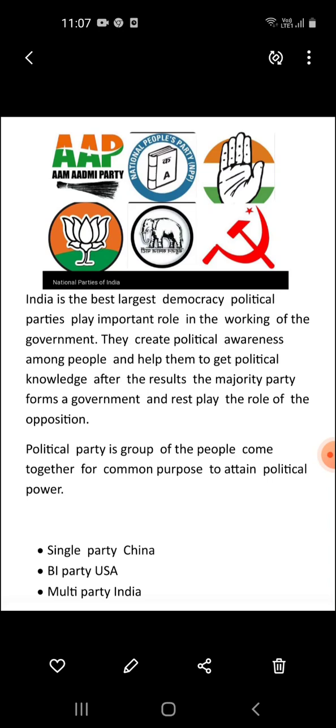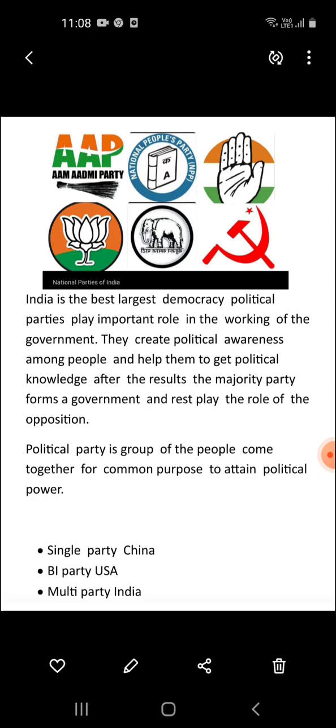As you all know, in the previous class we have already discussed the election process. In that we completed the meaning, methods, types and functions of the Election Commission, and at the end the election reforms.